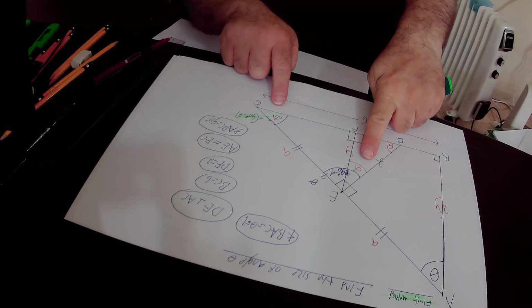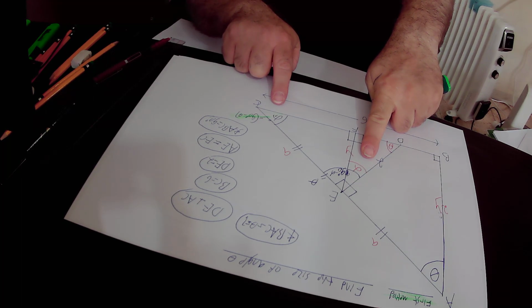And finally, both those two angles are equal to alpha, therefore they are equal to each other.